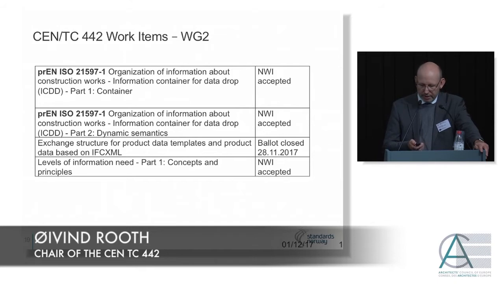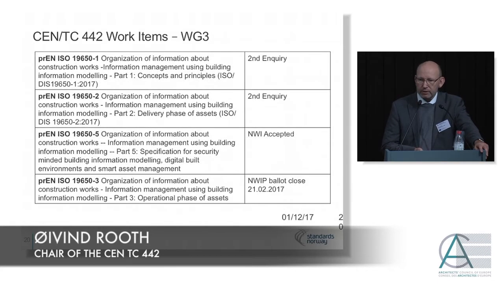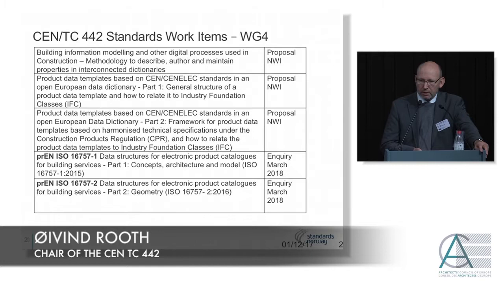Most interesting maybe at the moment is this level of information need, LOD or whatever they call it, standard. We need to find a way to deal with different maturity of the model. Working Group 3 has all these process standards, and there will be more, I know. Working Group 4 is working with the product standard. You can see where they are.